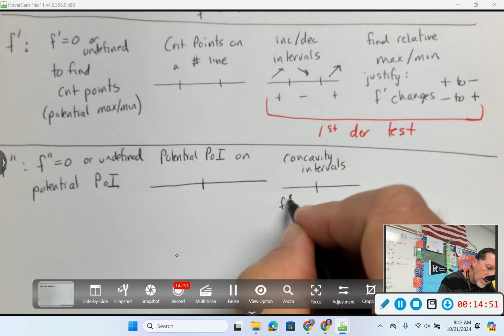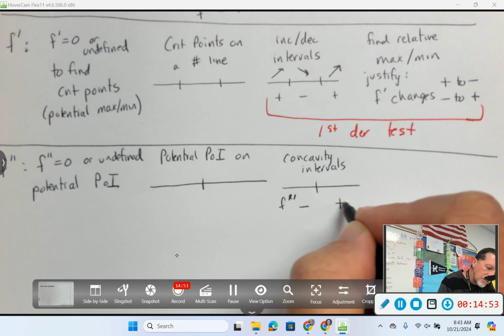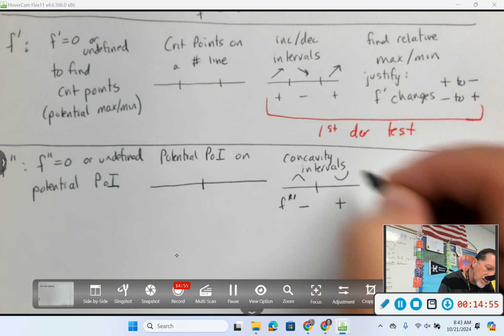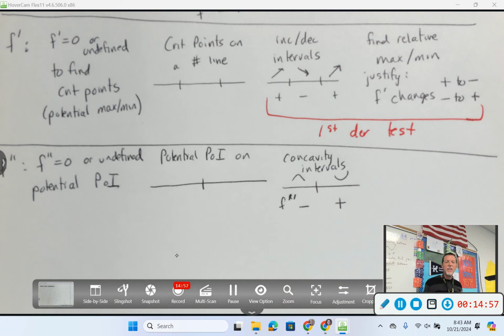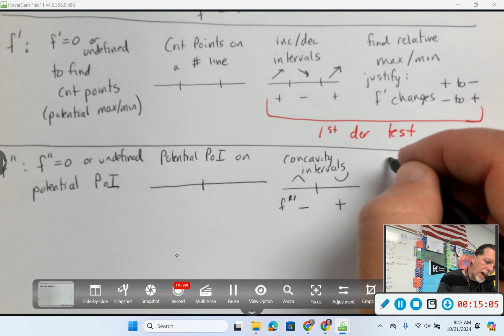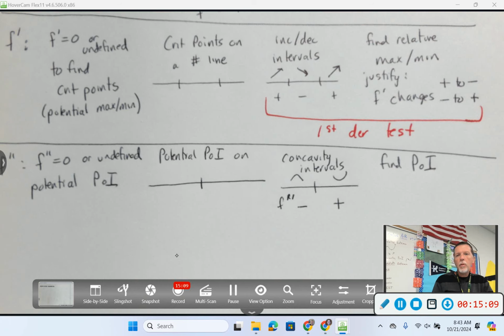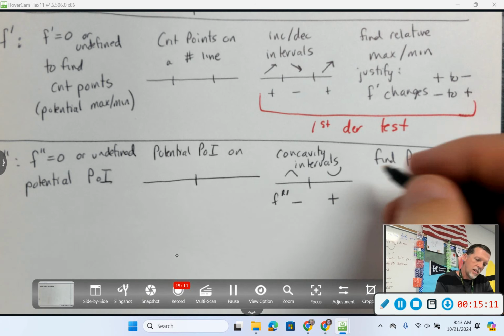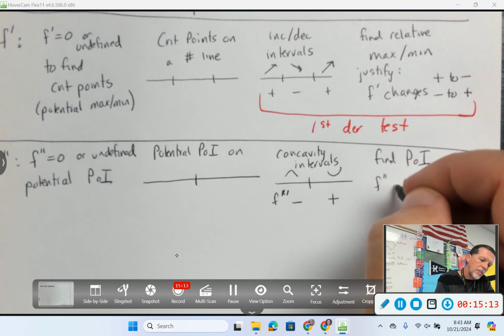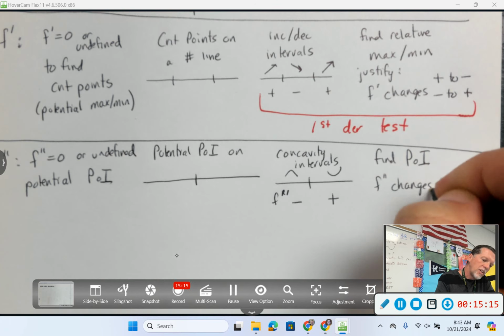So if f double prime is negative versus positive, that's concave down versus concave up. And we do that to find the point of inflection. And the justification would be f double prime changes signs.